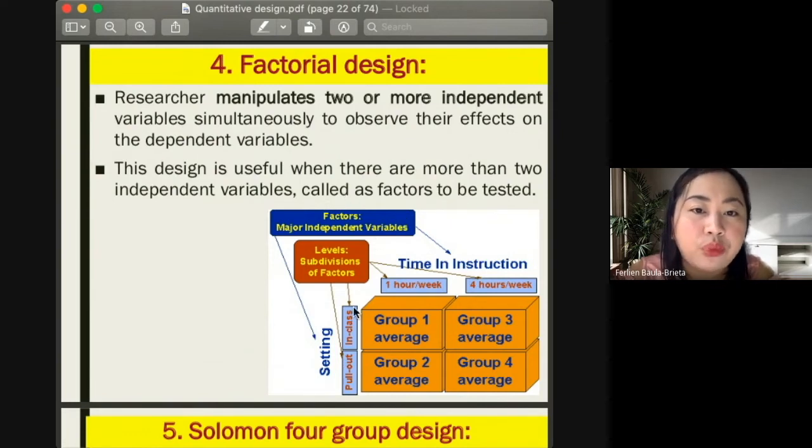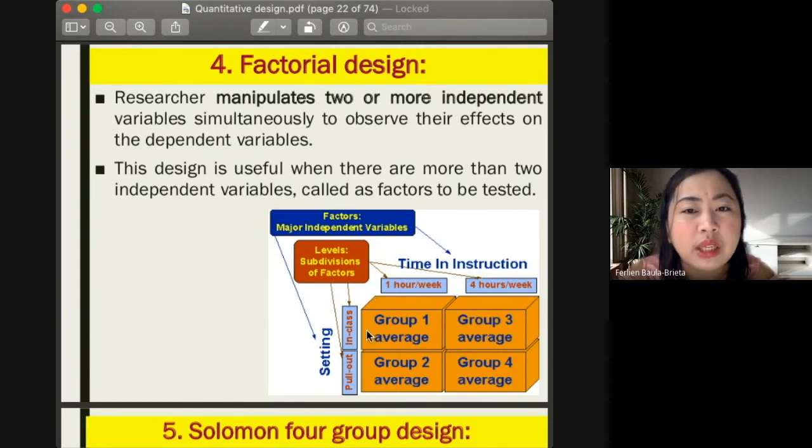So we have here group 1, group 2, group 3, and group 4. So the factors, our major independent variables, we have our time in instruction and setting. So we have different levels according to time per week, which is 1 hour and 4 hours a week. And we have also pull out from class, and we have in class.